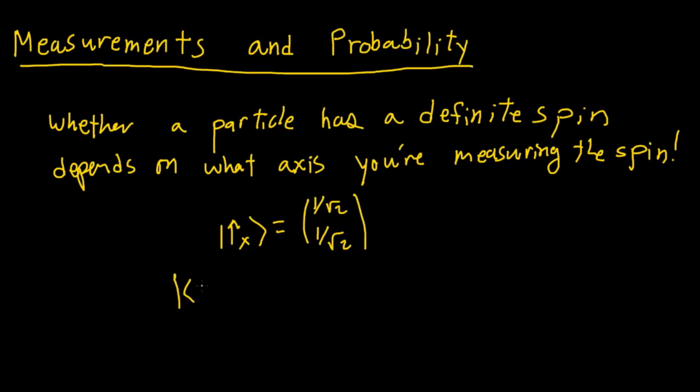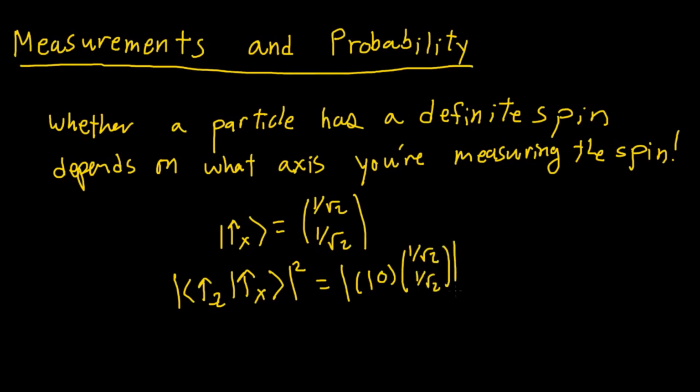Because we can just quickly calculate that the probability of measuring spin up along the z-axis is just going to be the following number, which is just 1 over root 2 squared, which is just a half, which is 50%, right?